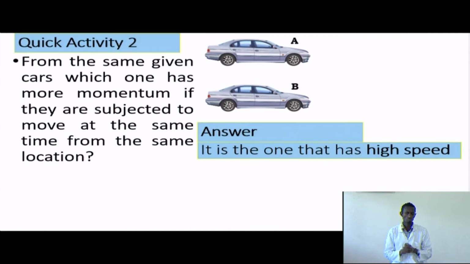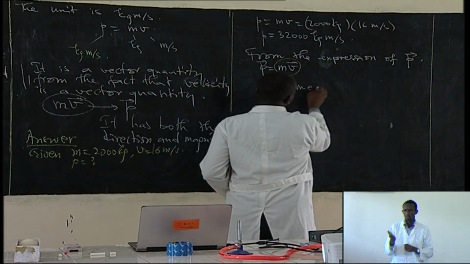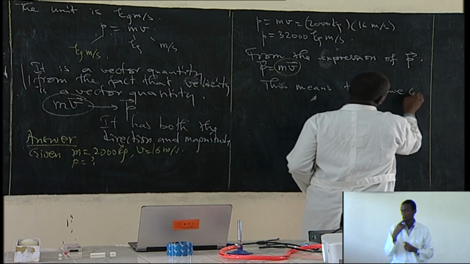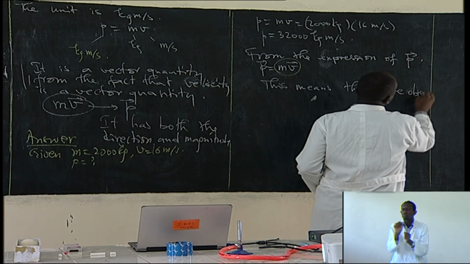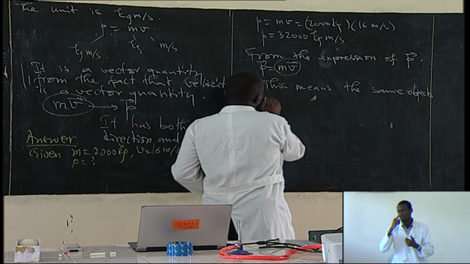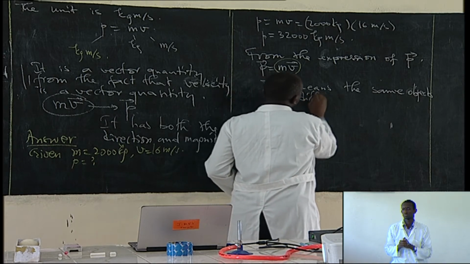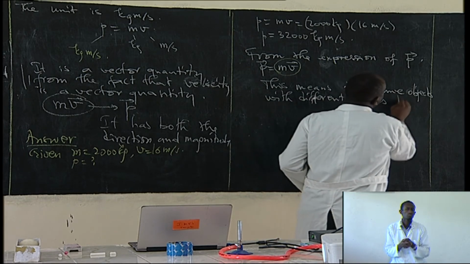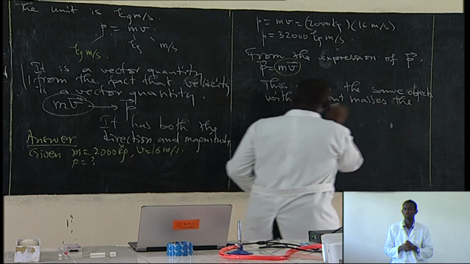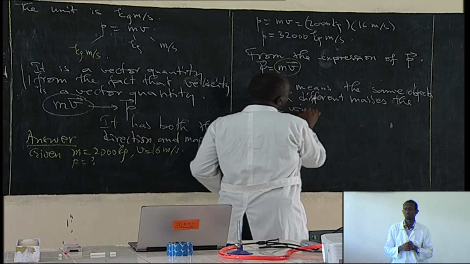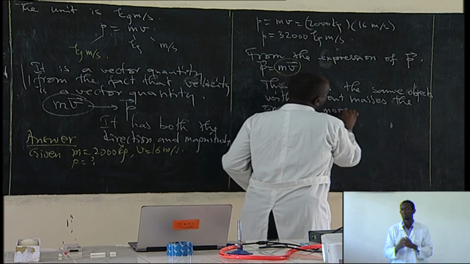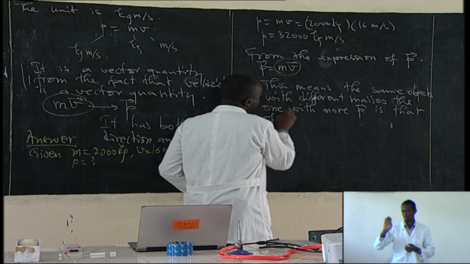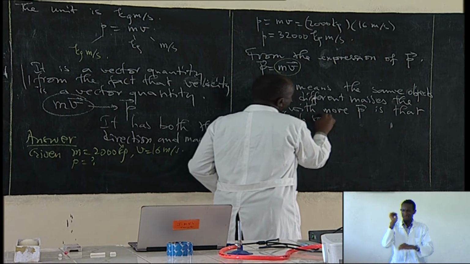So this means that for the same cars, the same objects, with different masses, the one with more linear momentum is that of high speed.